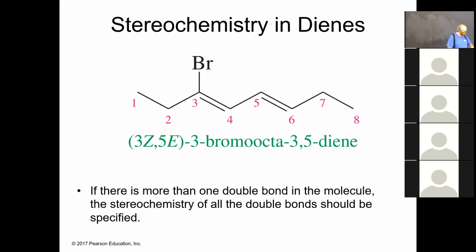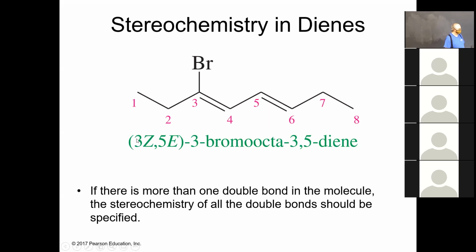Okay, I have about a minute remaining, it looks like, so I'll finish up with this slide. Here we have 2 double bonds, and so they both can exhibit E and Z isomerism. So in parentheses, 3Z, 5E.